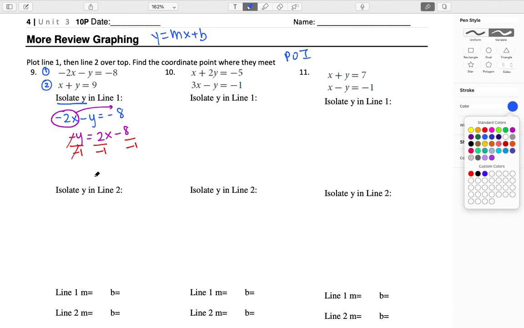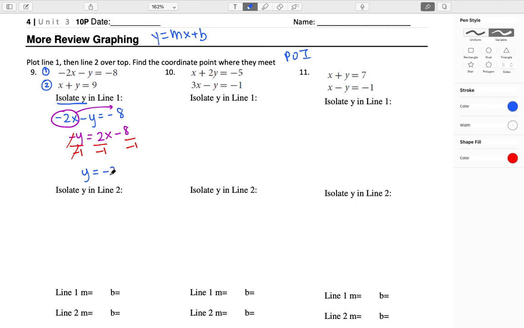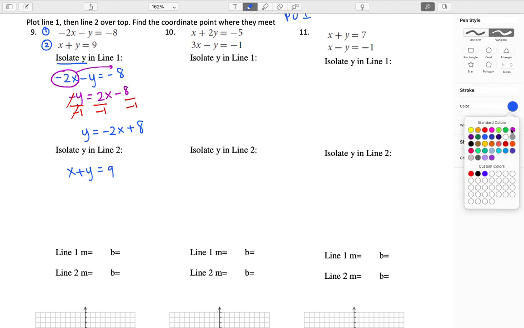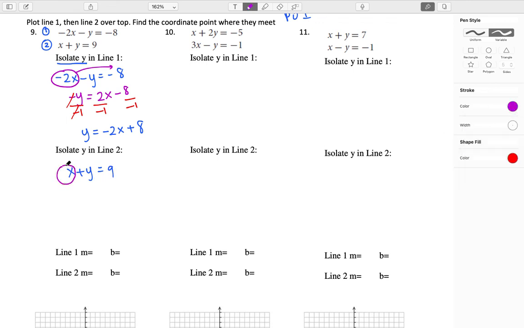Negative negative becomes positive. On the other hand, for the second equation, we have x plus y equals 9. I'm going to move positive x to the other side. So y is equal to negative x plus 9.